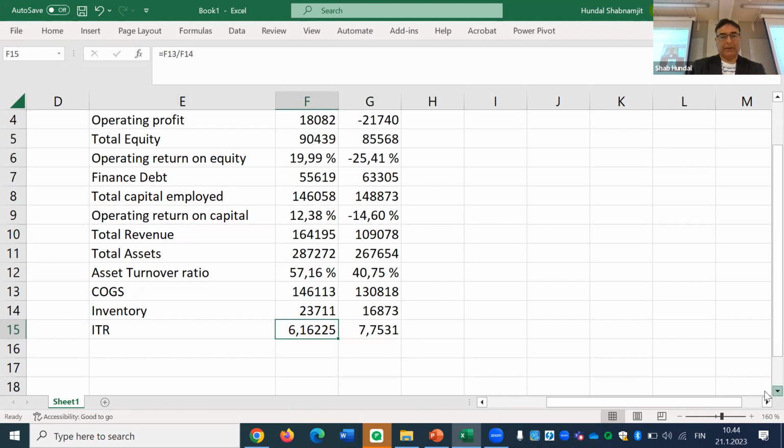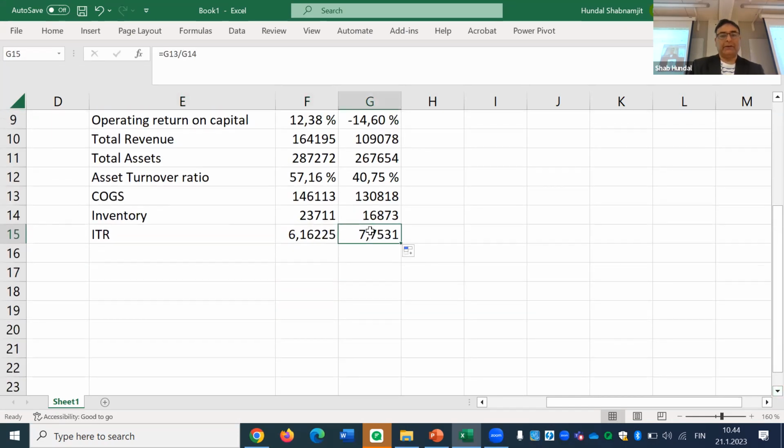Last year, the inventory was converted into the final output 7.7 times. But this year, in the recent year, it is processed only 6.16 times. So there are some operational issues with the company's inventory management.